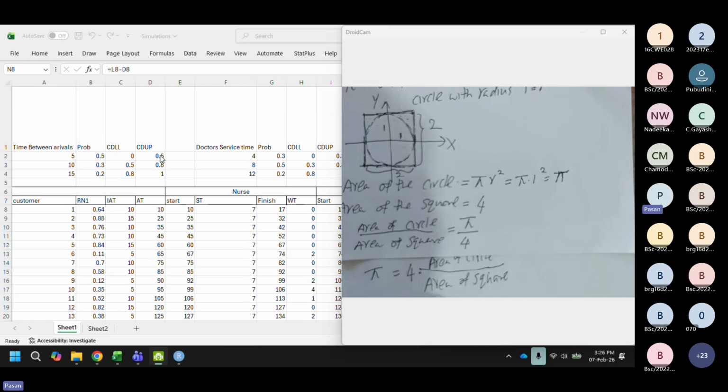If I take the count of those random numbers inside the circle and divide by the total, that is an approximation for this particular ratio.